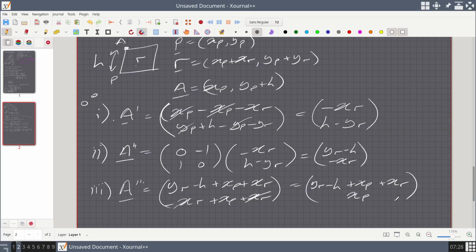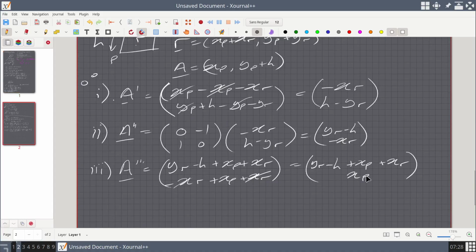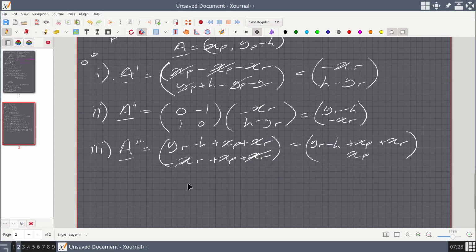Well, that depends on where our rotation point is. Does it look like this does? I got a sign wrong somewhere and something cancelling that shouldn't. Yep, I have. These shouldn't be x's, should they?